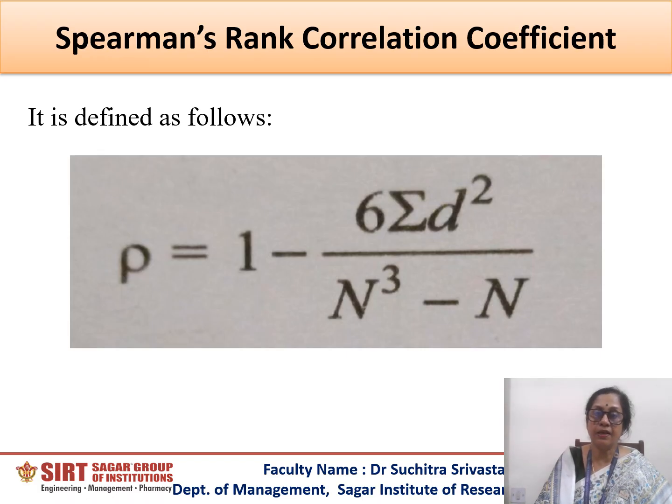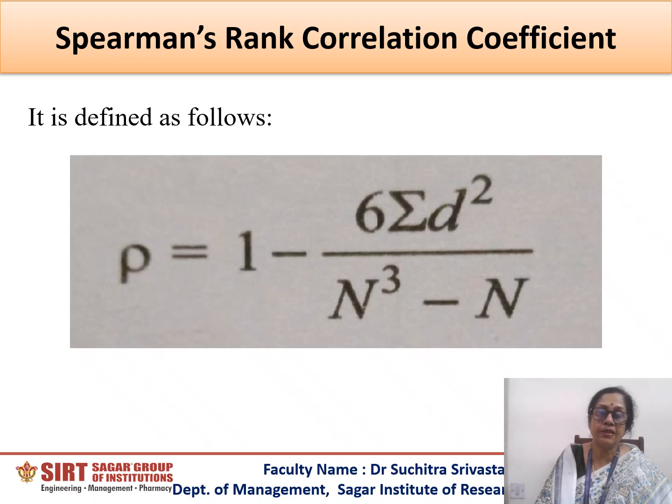Now, let us see how the Spearman's rank correlation coefficient is computed. In the earlier slide, we denoted the correlation coefficient as capital R. Some authors prefer to denote it by the Greek letter rho, spelled R-H-O, which you can see on the left side of your screen.